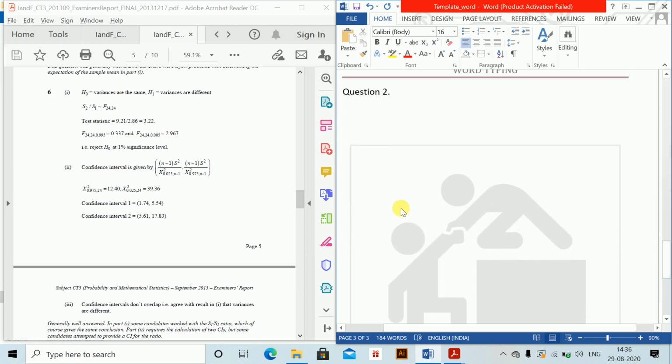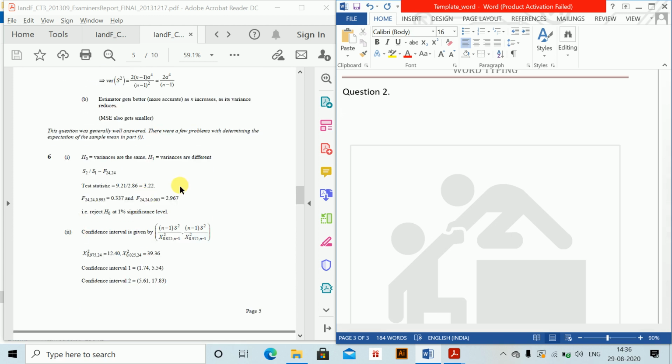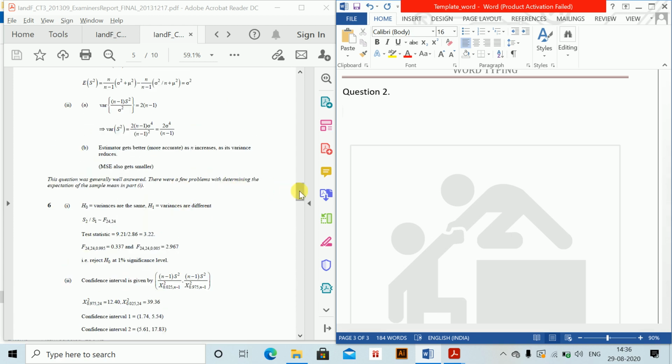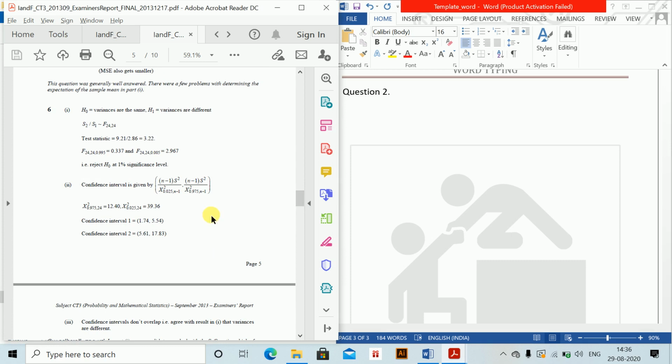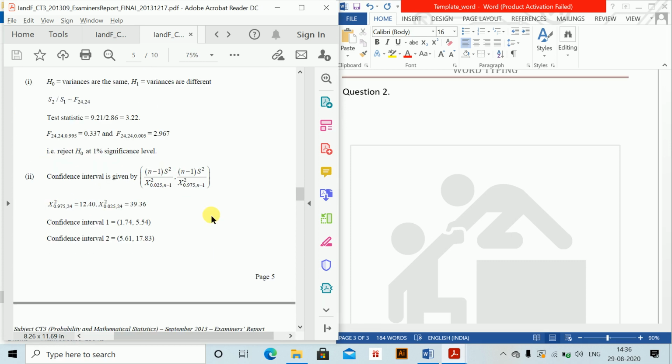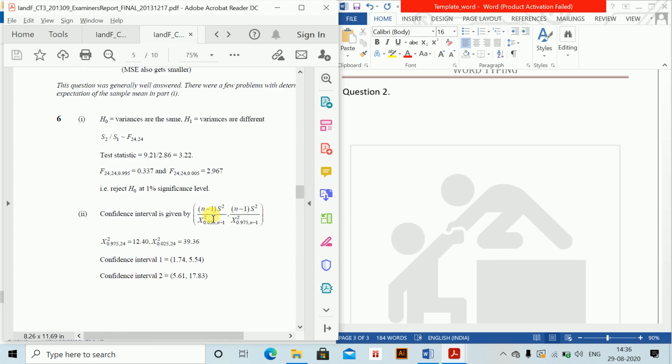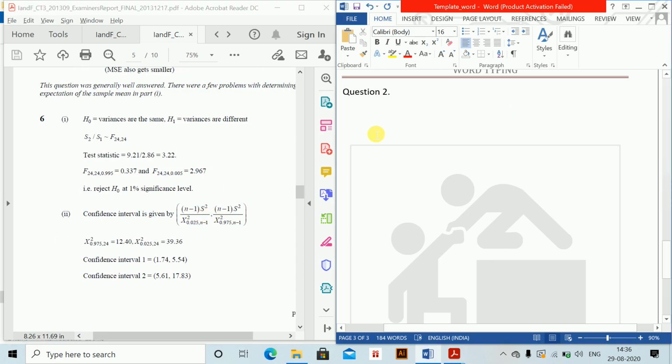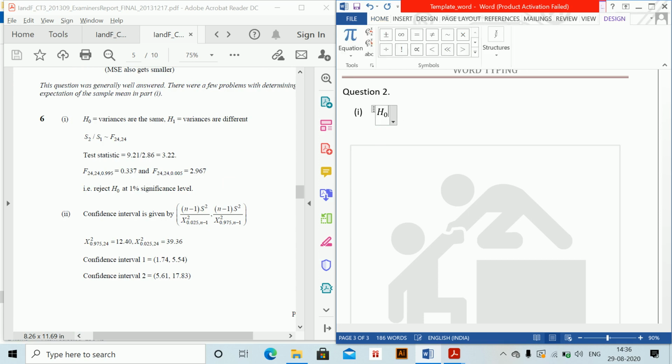Okay. I'll just focus this for you. So we have this part 1, H0: variances are same, H1: variances are different.